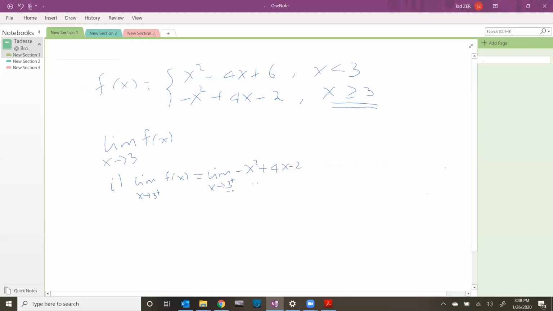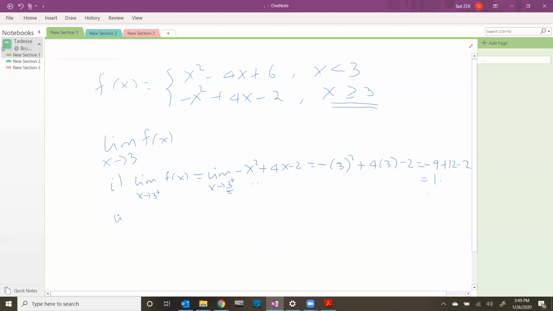In this case, I'll just plug in 3. That gives me minus 3 squared plus 4 times 3 minus 2, which is negative 9 plus 12 minus 2. Negative 9 plus 12 is 3, and 3 minus 2 is 1. So the right hand limit at 3 exists, which is 1.